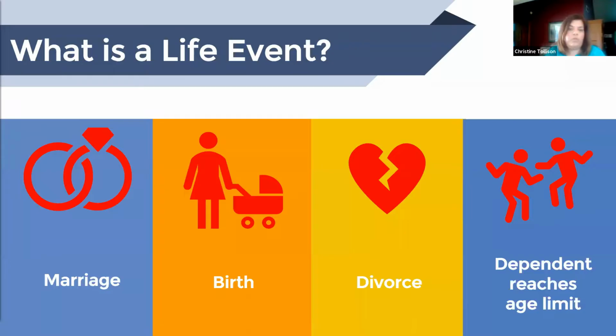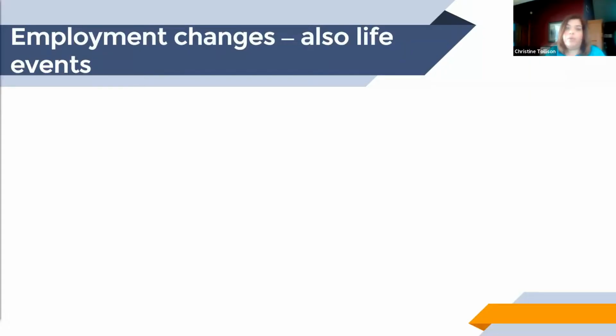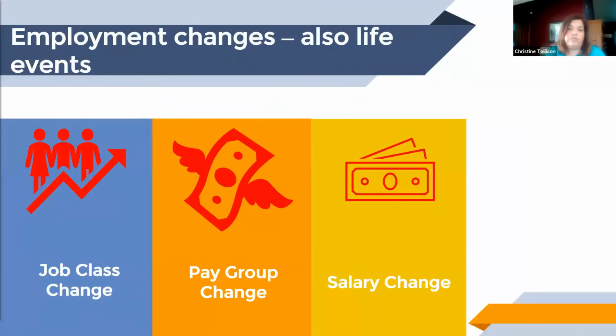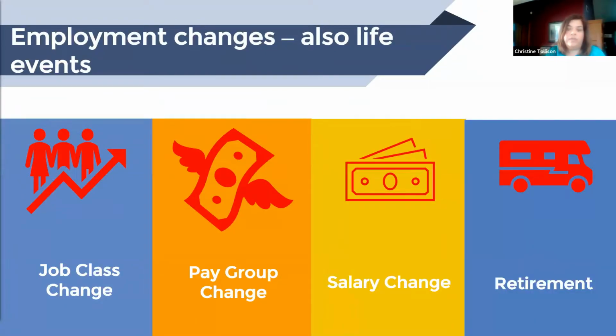But we also want to talk to you about employment changes, because in our system, the definition of a life event also includes things like job class changes, pay group changes, salary changes, and retirement.